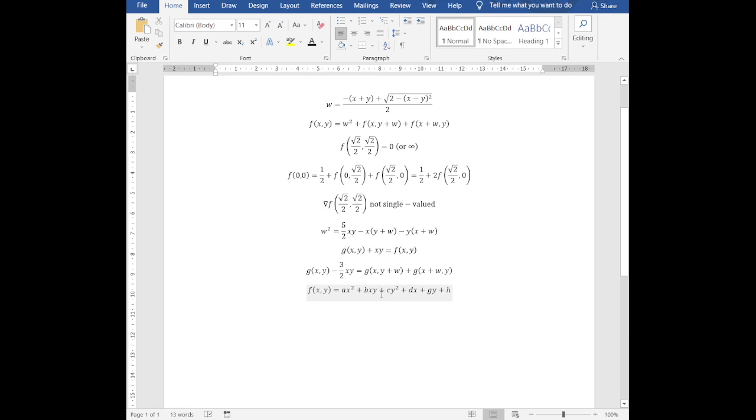Can I narrow down what I want to do? I wonder if I want to hazard a guess as to what this might be. I'm going to hazard a guess that f of x and y is equal to x squared plus y squared.